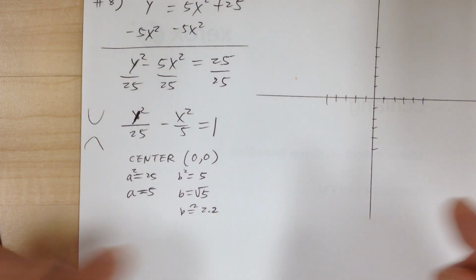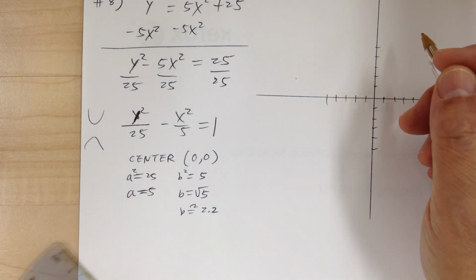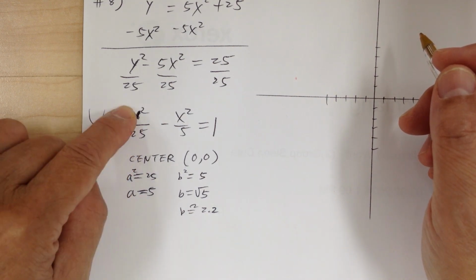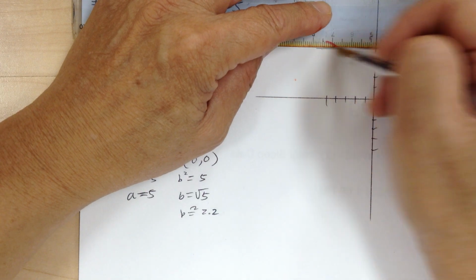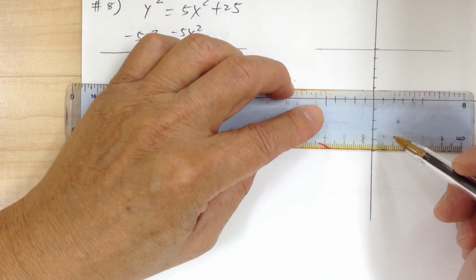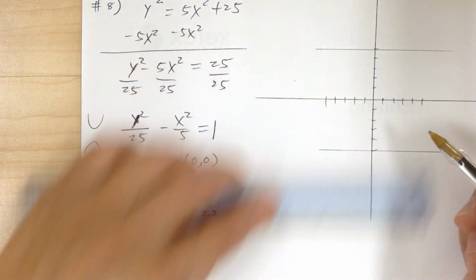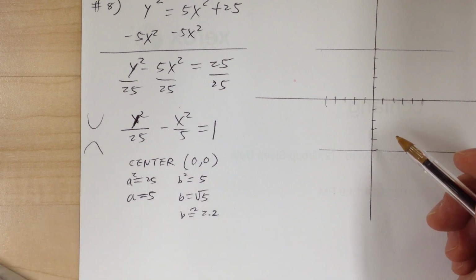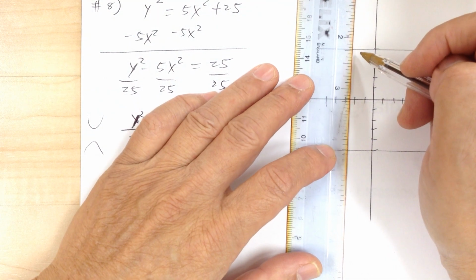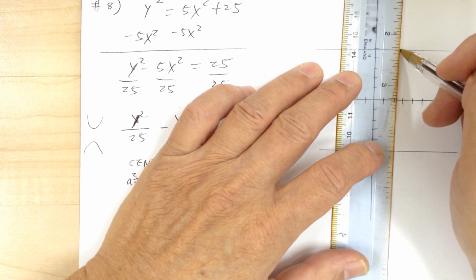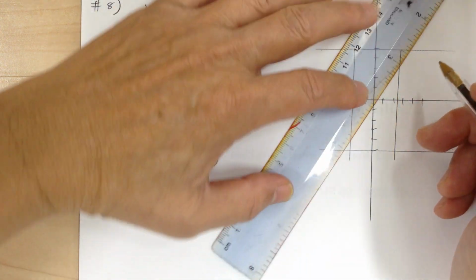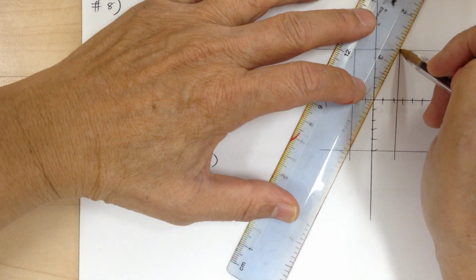For the hyperbola, you have to draw your box first. This is under the y, so you go in the y direction. And b is 2.2, so it's about here. That's your box, and then you draw your asymptotes.